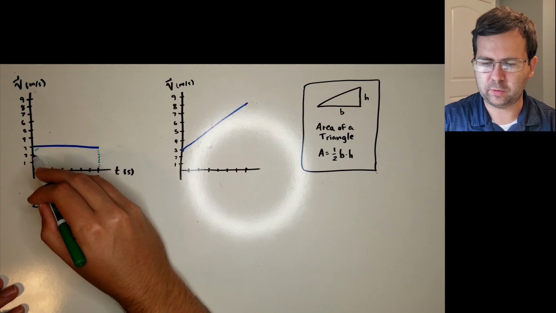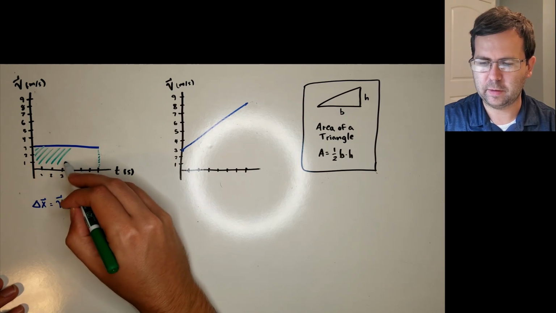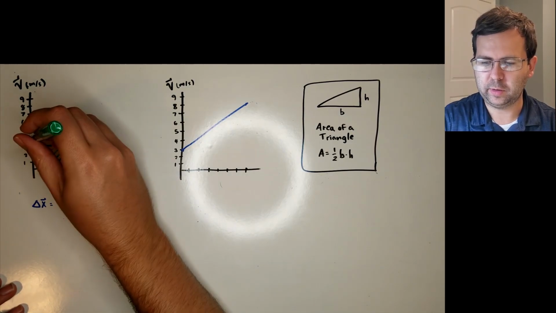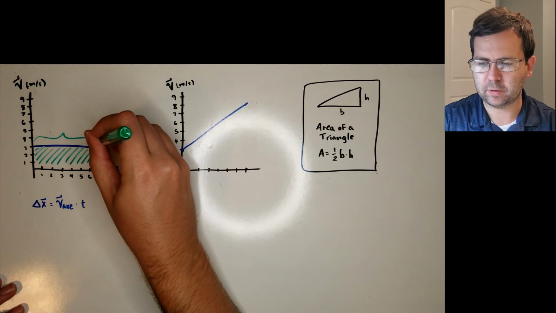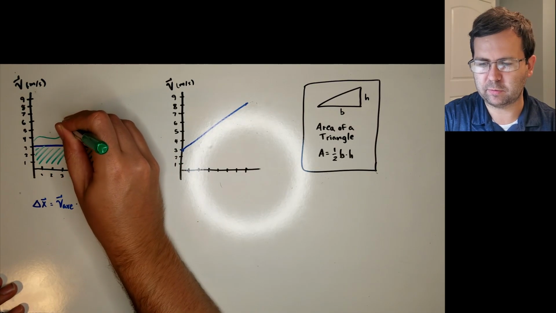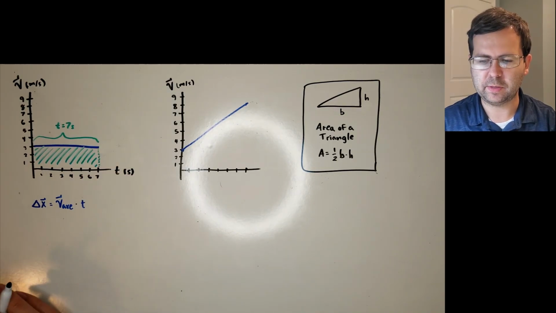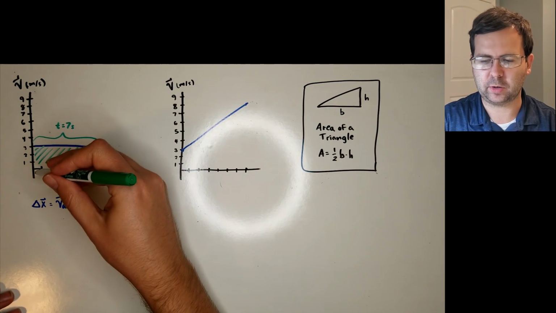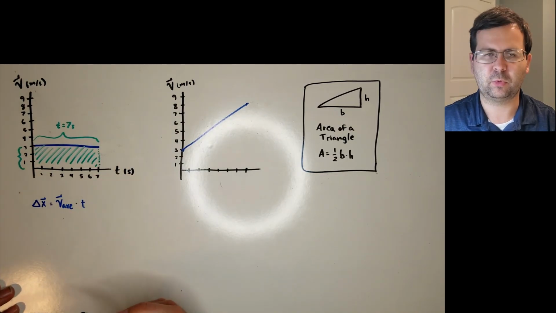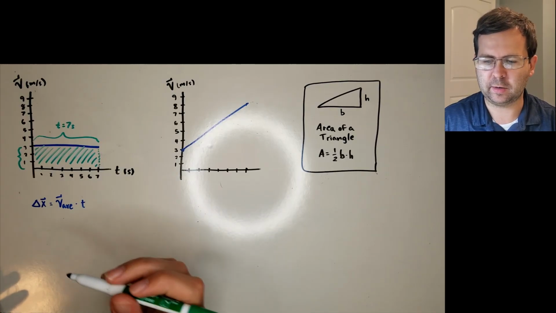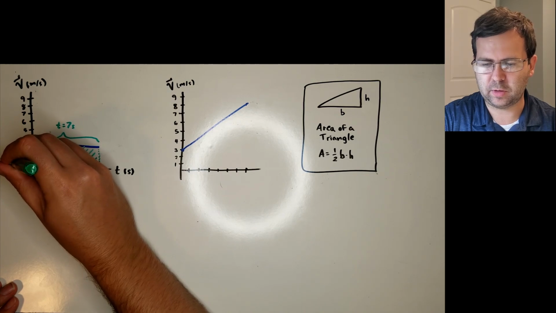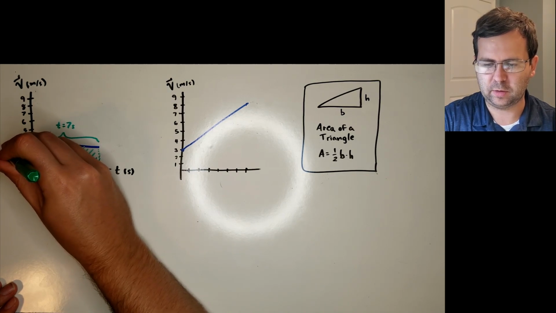So the area underneath this line, I'll shade it in here, is going to equal the length times the width of this shape. The length right here is the time. That's 7 seconds, right? So that's a time of 7 seconds right here. And then the height of this rectangle, or the width, is just going to be this velocity that it's traveling at, and it's going at a constant velocity, so the average velocity is just equal to the constant velocity here.